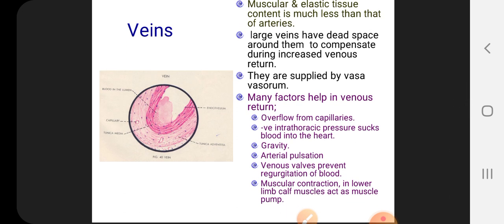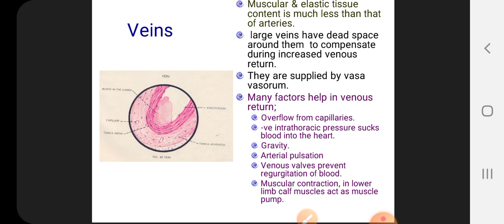The muscular and elastic tissue content is much less than that of the arteries. Large veins have dead space around them to compensate during increased venous return. They are supplied by vasa vasorum. Many factors help in venous return. Number 1, overflow from the capillaries.